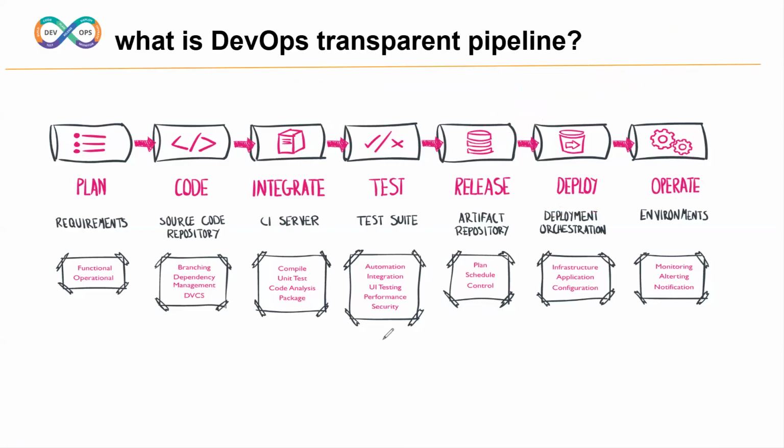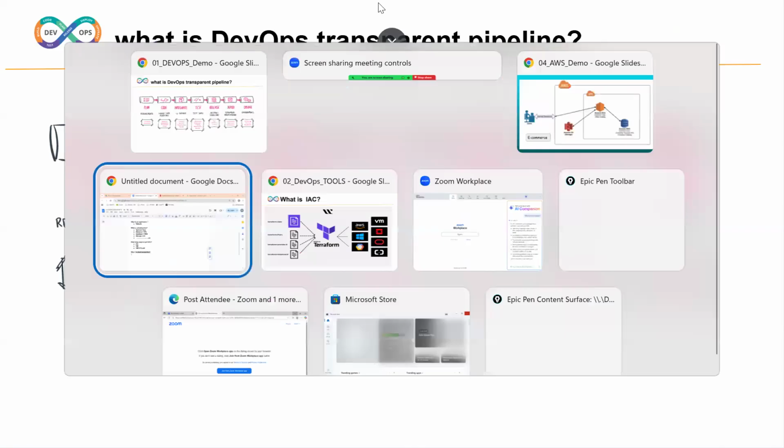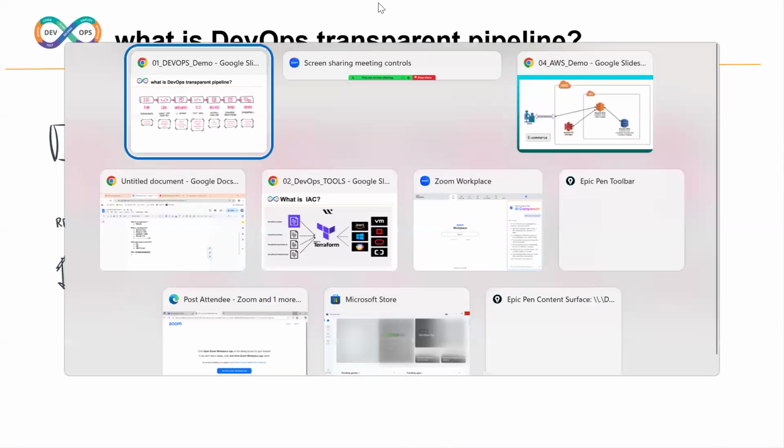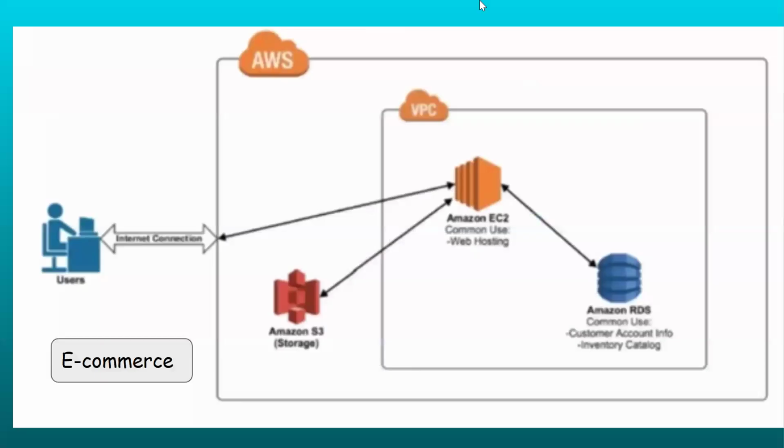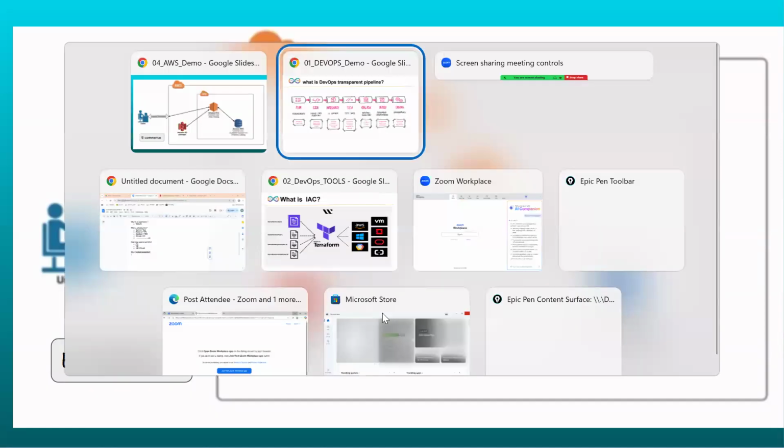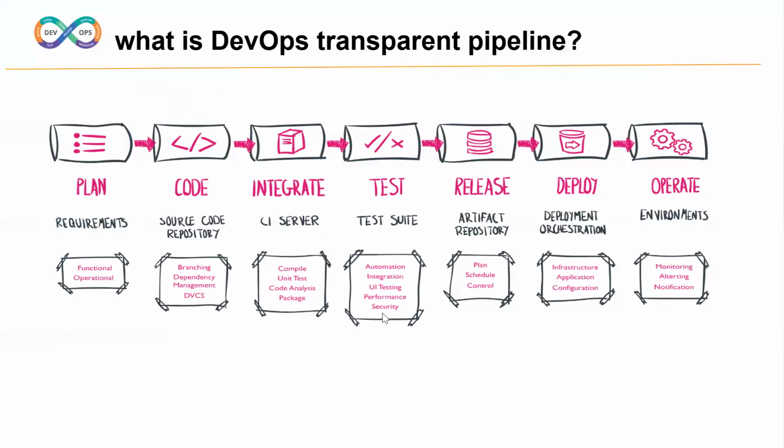But this automated process, which we are going to implement, on which cloud? On AWS. By using AWS, we are going to get infrastructure from it, either network or storage or database or server. On top of this infrastructure, we are going to implement an automated, transparent DevOps pipeline.